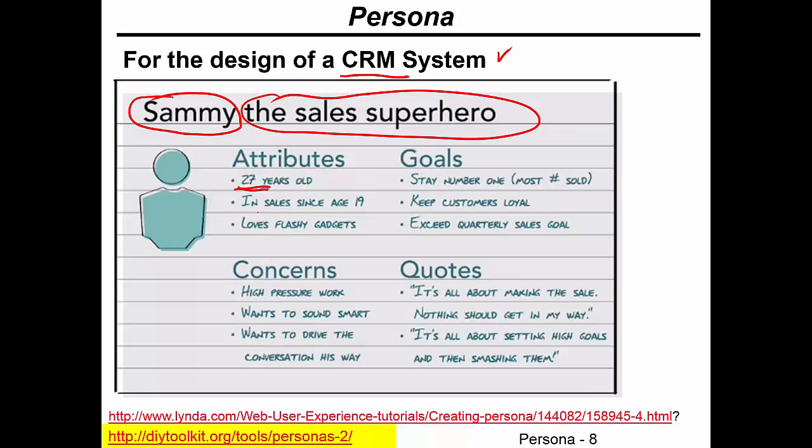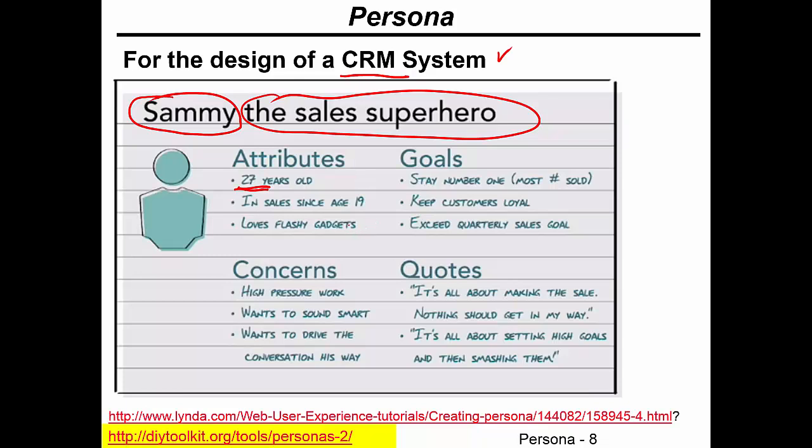By the way, this is not a real person, but this is kind of a composite picture of several real persons who are very similar. So you will create this persona to represent them. But this persona is described in a very specific way, a very specific individual who is imaginary. Got it? Okay, so Sammy has been in sales since age 19.